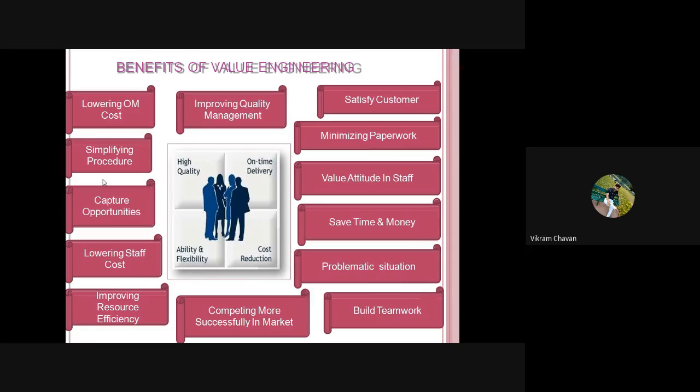Sir, screen is not visible. Still not visible. Just pin the presentation. Okay, it is visible now. Please check once again. Now I'm presenting through my computer.